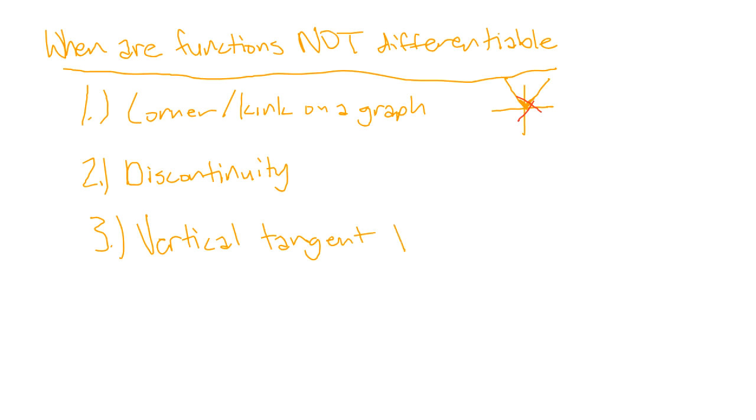Now, technically, the derivative of a vertical tangent line would be infinity. Or you can just think of it as the limit as x approaches your point a of the absolute value of your derivative is infinity.